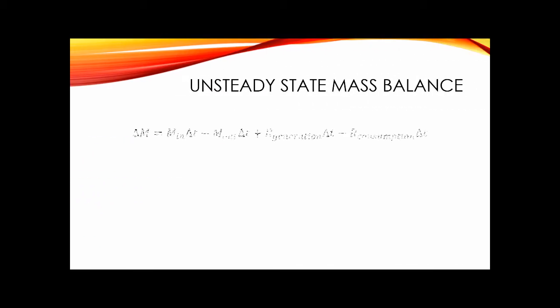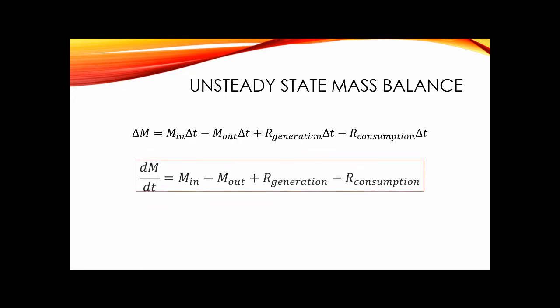So for your unsteady state mass balance, another form of this equation: you have delta M, the accumulation in your system, equal to mass in over time delta T, minus mass out over your time period, plus the species generated, that's your product generated in your reaction if you have a reaction in your bioreactor, minus the matter that's consumed in your reaction.